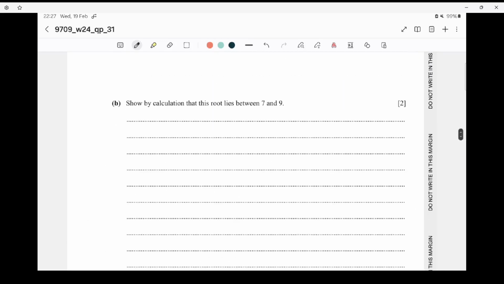So part B, show by calculation that the root lies between 7 and 9. So you have this particular equation. What you need to do is to define f(x) to be 2 plus e^(-0.2x) minus ln(1 plus x).